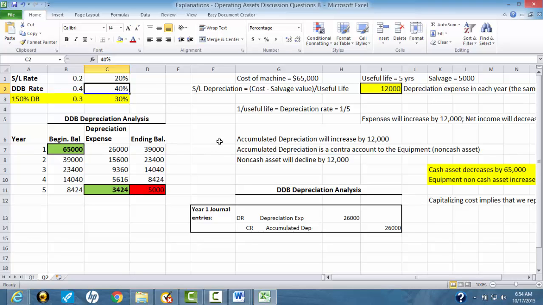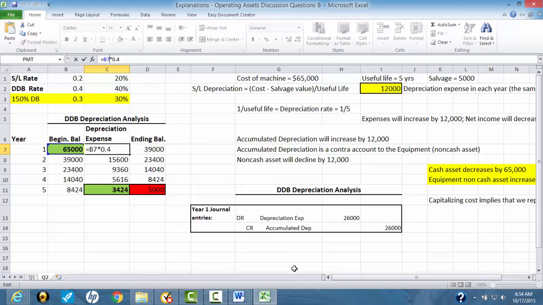So let's look at the double declining balance method. We start off with the asset cost of $65,000 at the beginning of year one. Now, at the end of the year, the asset would have depreciated, but by how much? Double declining balance method. So depreciated by 40%.